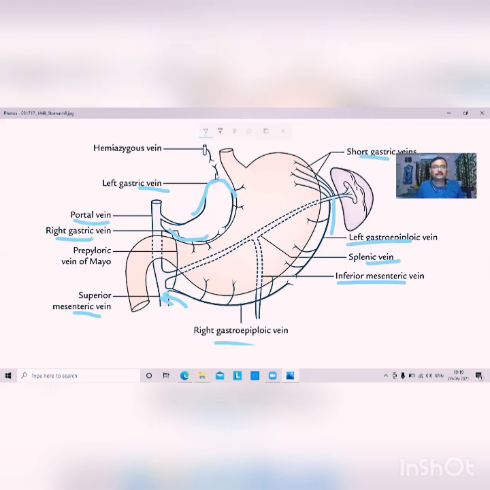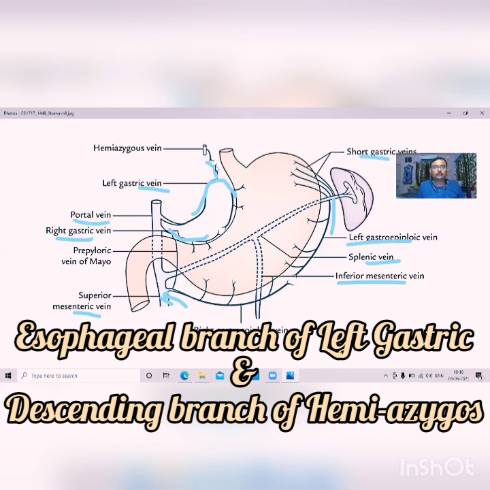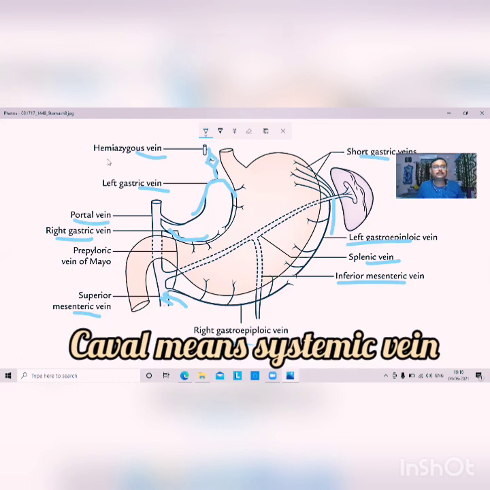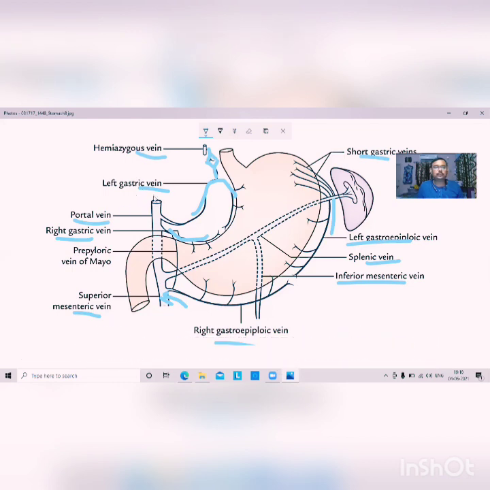This is the esophageal branch of the left gastric vein, which drains into the portal vein, and this is the branch of the hemiazygos vein, and these two unite. Now, this is the caval part, and this is the portal part, and that is why there is a portocaval anastomosis present at the cardiac end of the stomach.